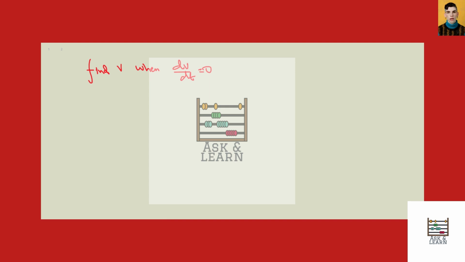So we're going to make the whole differential equation equal to 0. So negative v times the quantity v squared minus 1 plus a, v plus a, that's equal to 0.